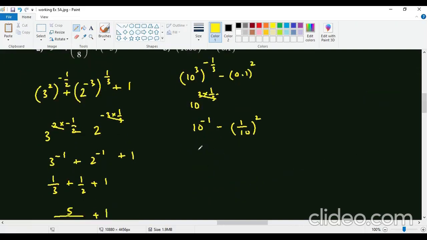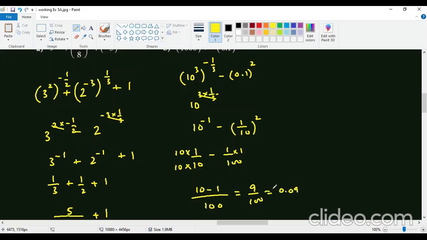So in other words, this is 1 over 10 and this is 1 over 100. That means if I multiply this by 10, I have to multiply this also by 10, and this is multiplied by 1. So this is going to be 10 minus 1 over 100. That means 9 over 100, or you can say 0.09 is the final answer.